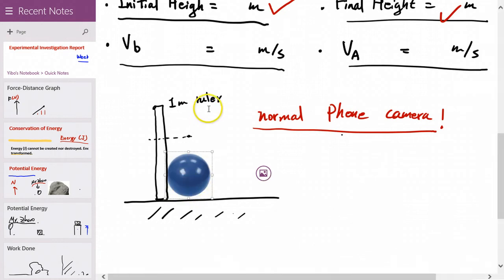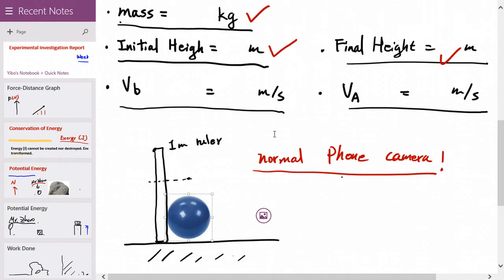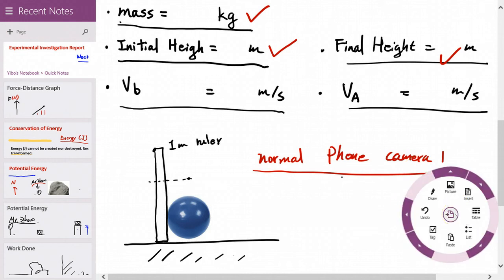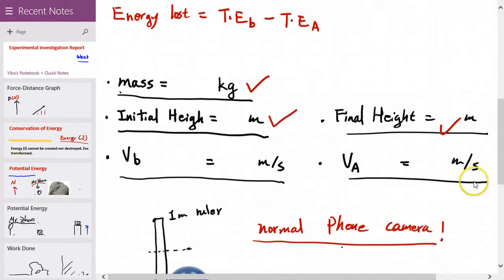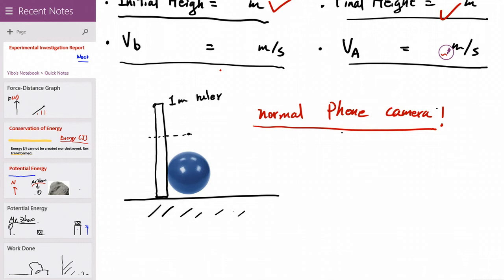So what I came up with, in year 11, is that you can use calculations to calculate these two answers.